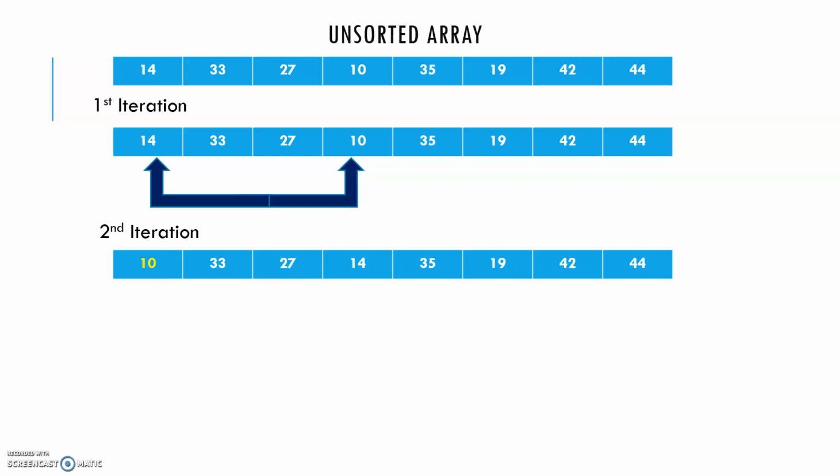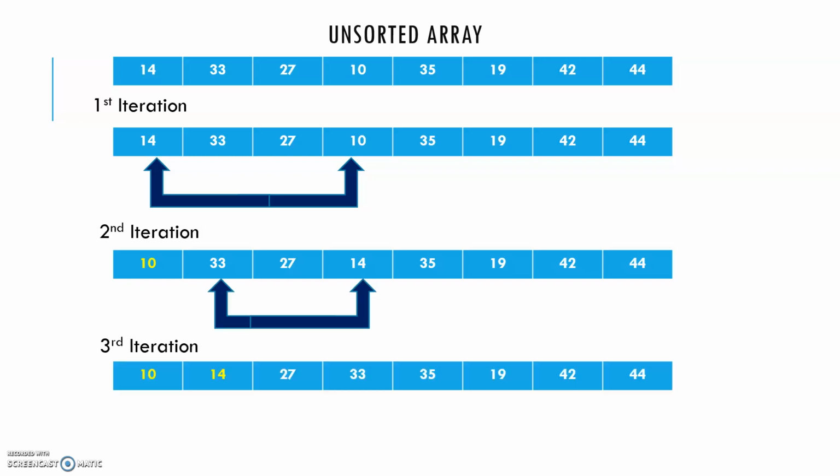In the second iteration, 10 will fix its place at zeroth position, being the lowest element in the array. And the next element, which is 33, will be compared with the rest of the elements of the array. Now 14 will fix its place at first position and the next element, which is 27, will be compared with the rest of the elements and will be swapped with the lowest one.